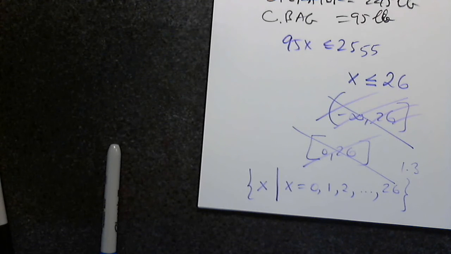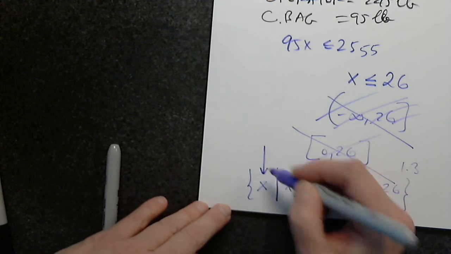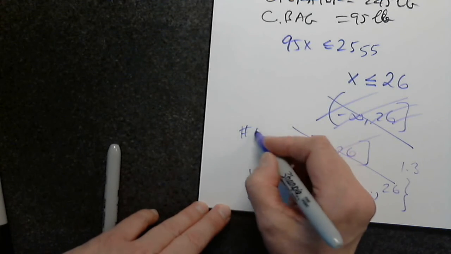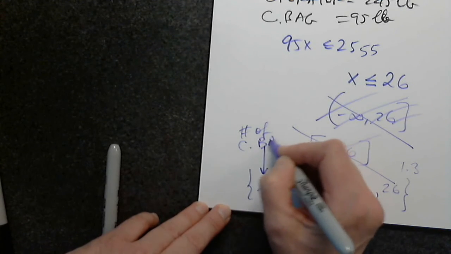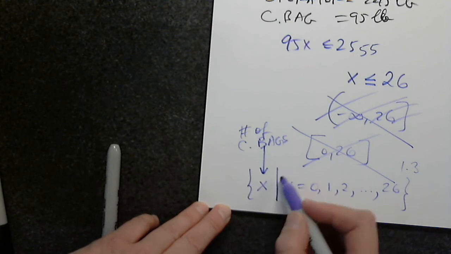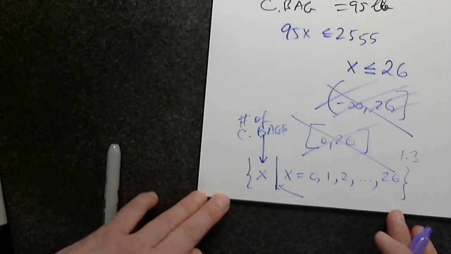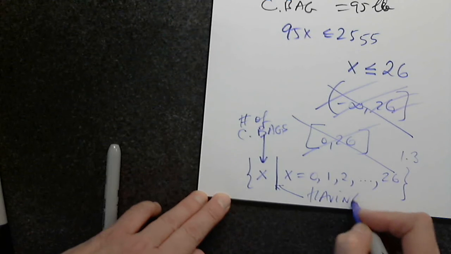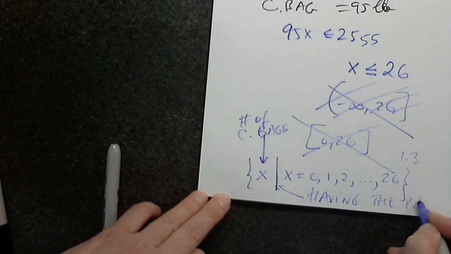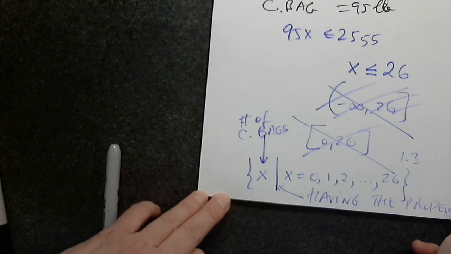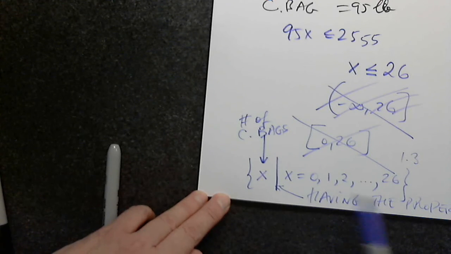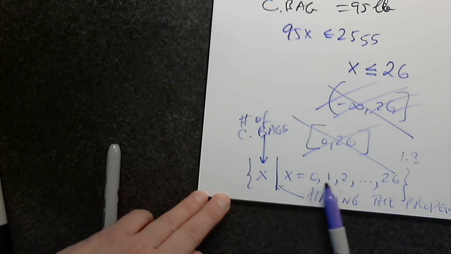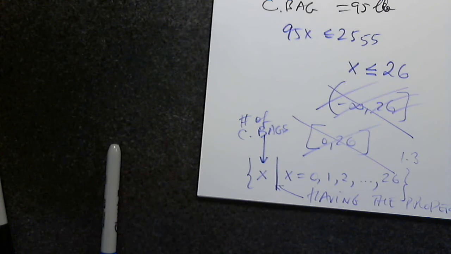So this is the solution set made out of number of bags, x, number of cement bags, having the property, this bar represents having the property. What do we know about x? We know it has the property that it can be 0, 1, 2, and not more than 26. Very good.